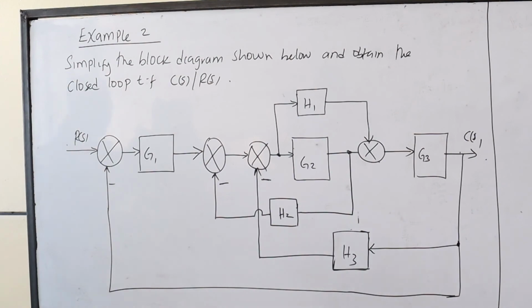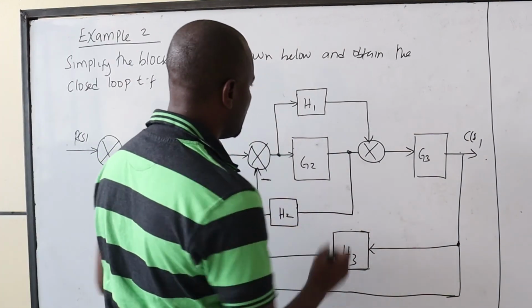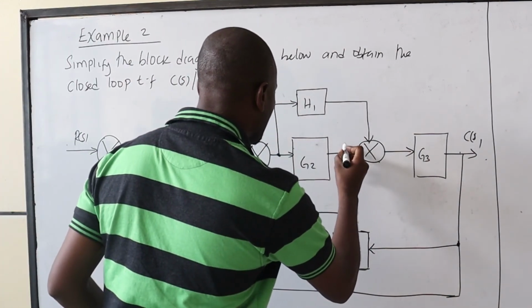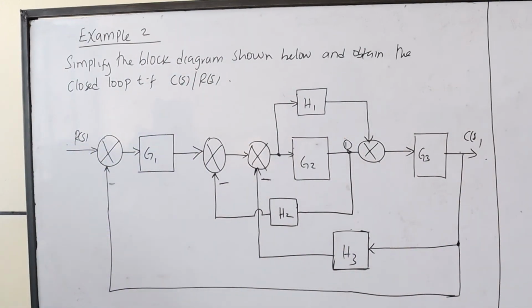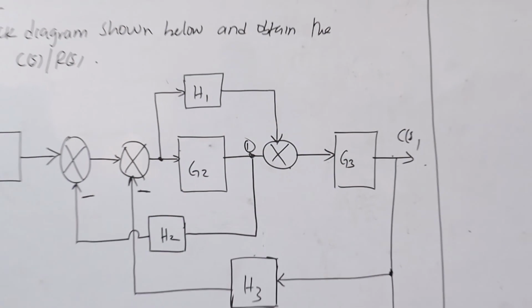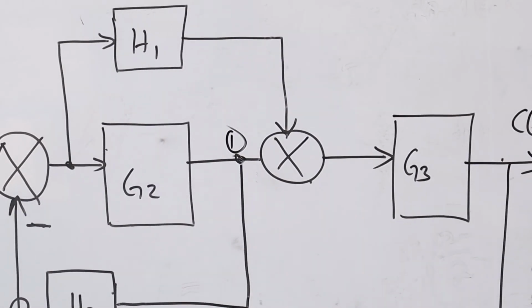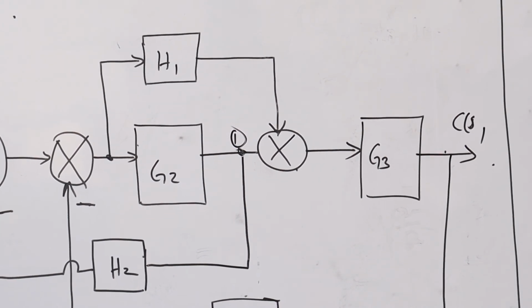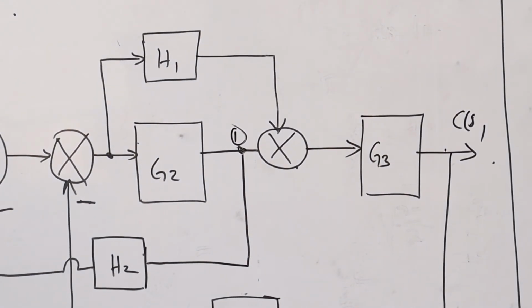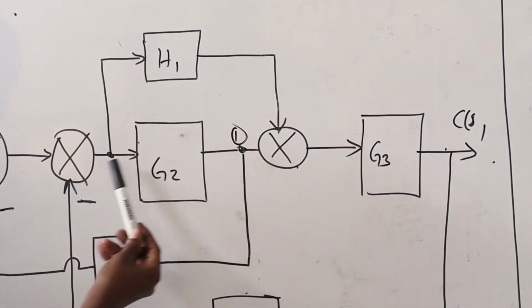Maybe we can talk about this point here. We can call it point 1. The easiest way to go about it is to move that pick-off point we have named 1 so that it is ahead of block G2. We are moving it from here to that.